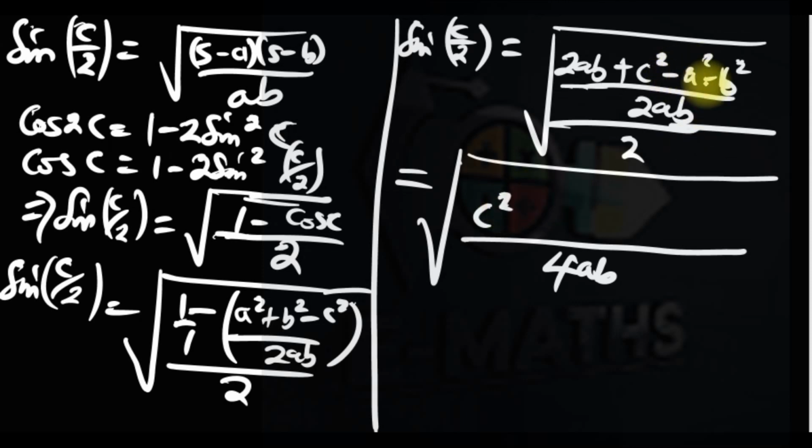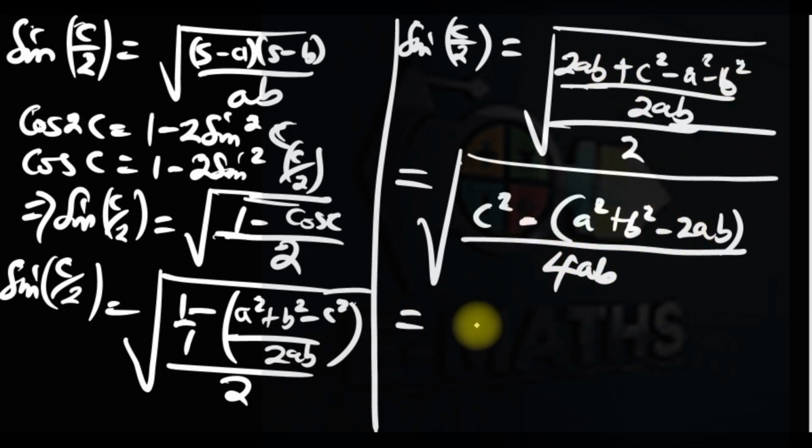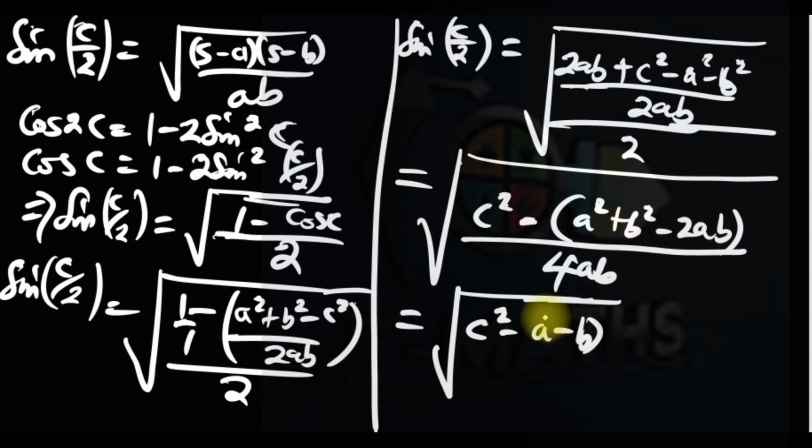Why this? We can arrange this as c squared. Since I'm seeing negative, I'll factor negative: a squared plus b squared. I'll make this negative so that if we open up this, we still get minus times this is this, times that is that. So we continue. We'll have square root of, if you look at this, this is a perfect square. So we can write this as c squared minus a minus b all squared over 4ab.